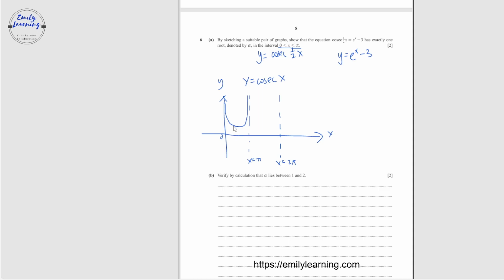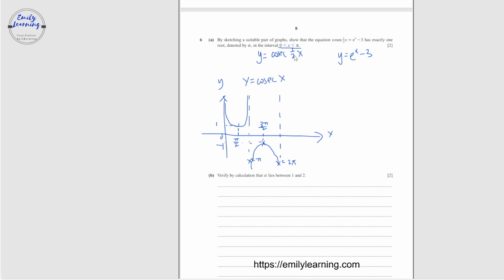Here is 1, and here it's pi over 2. Then here the y value is -1, and here is 3 pi over 2. So this is for cosecant x.